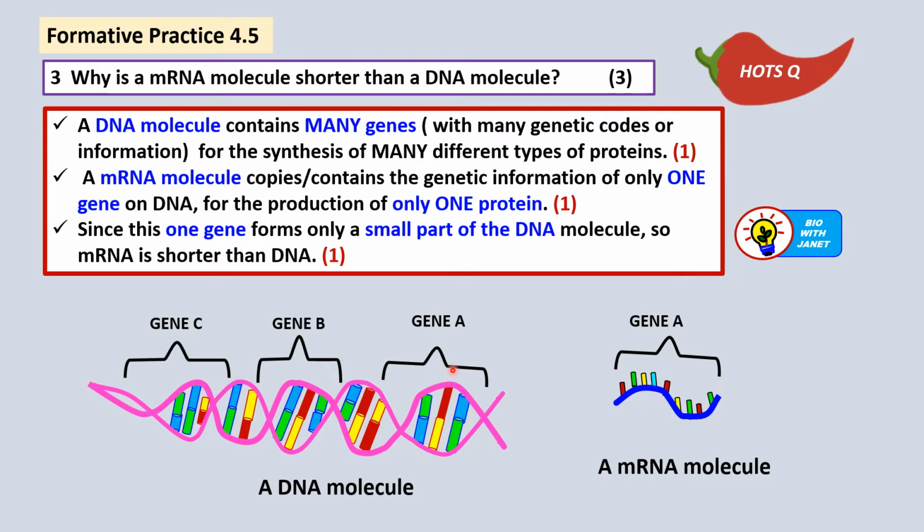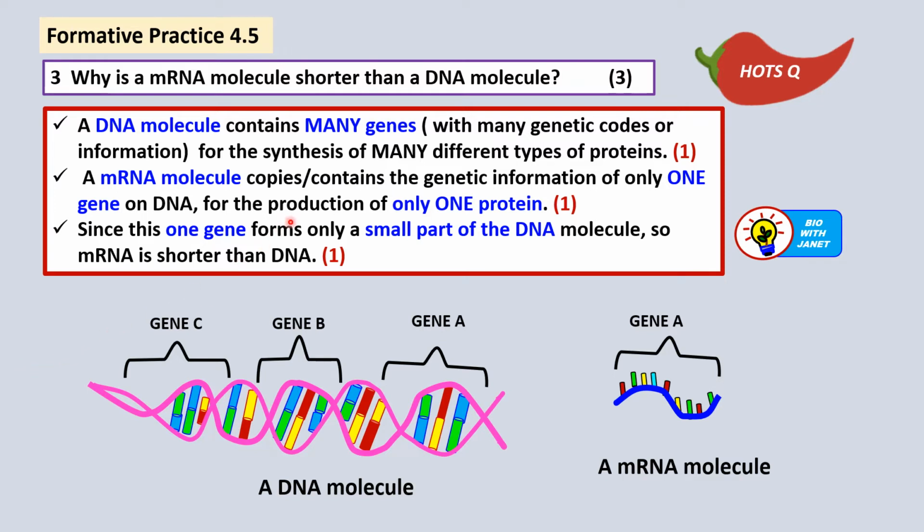So this gene A has the genetic code for the synthesis of one type of protein, maybe called protein A, whereas gene B has the genetic code or information for the synthesis of another or different type of protein, maybe protein B. And gene C has the genetic code for the production of protein C. So one DNA molecule contains many genes. That's why it's so long, right?